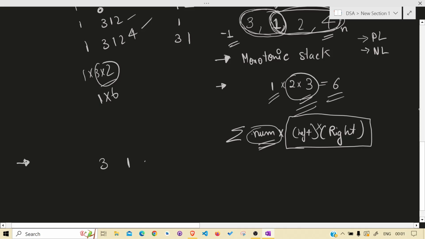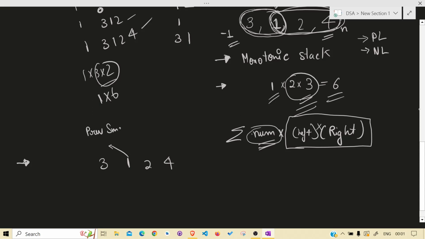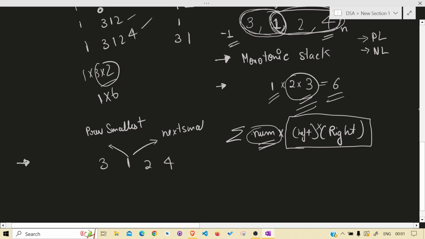Take a number, have its previous smallest, have its next smallest, and using that right and left length, you can have its contribution. Contribution to what?